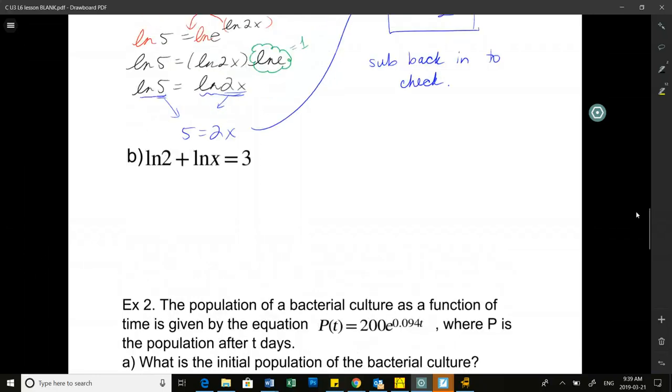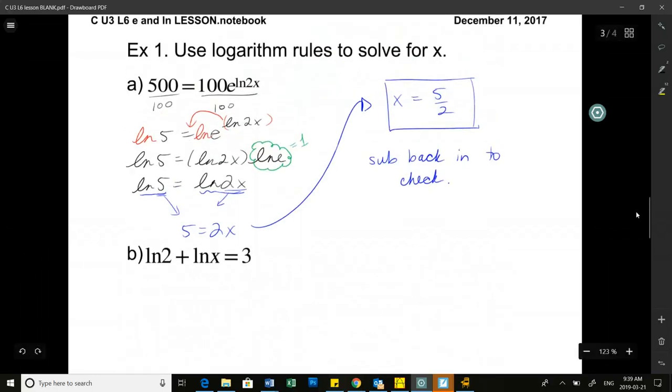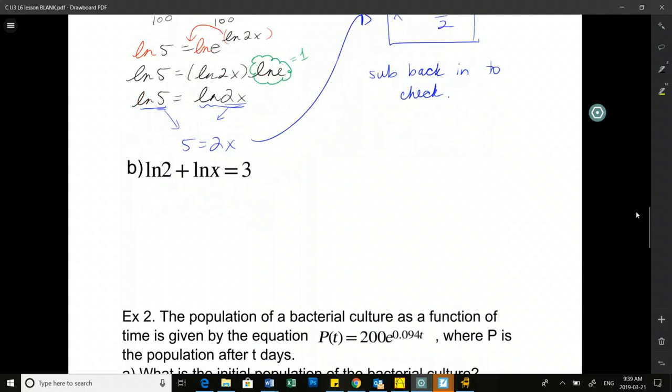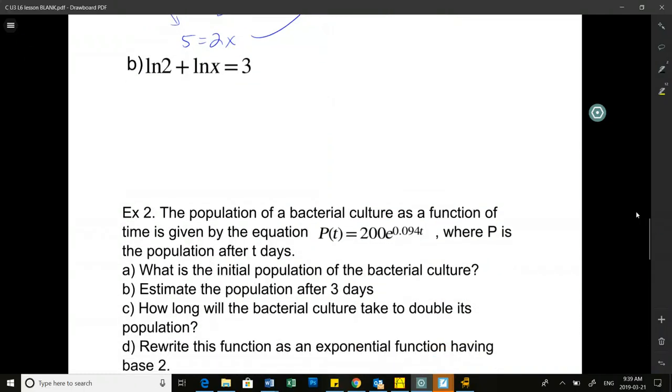Just like we use this parachute rule up here, I should be able to use the sums rule here with these ln expressions. So sums become products, and this will be the ln of 2x.